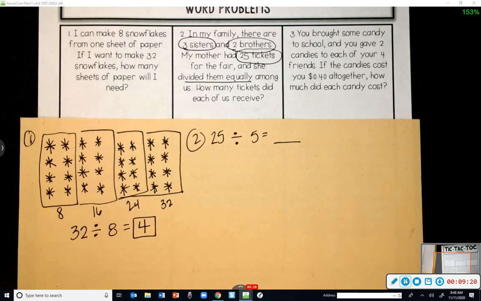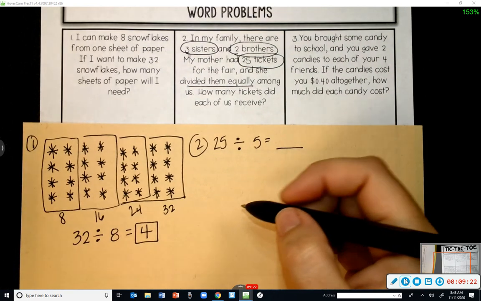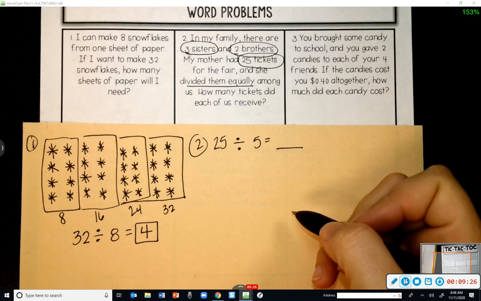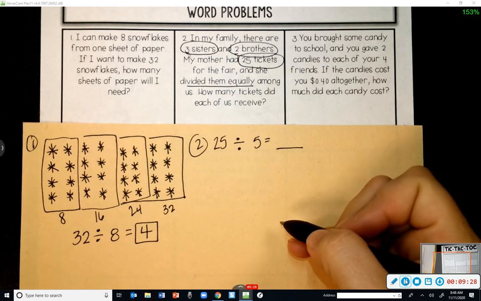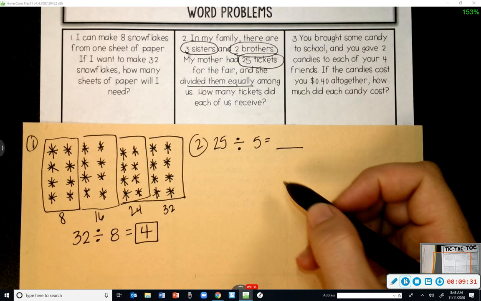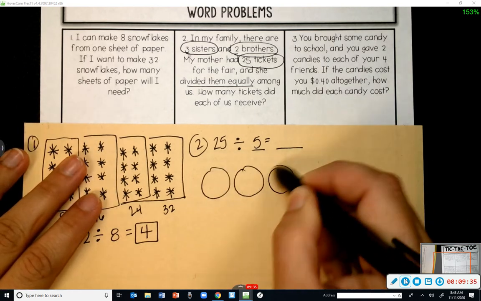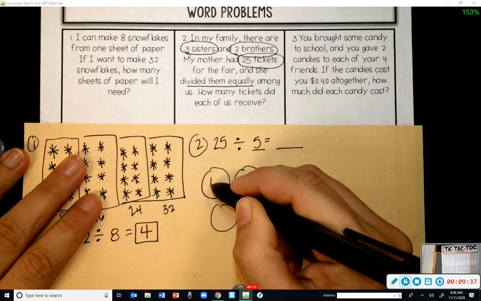You did an array? Okay. So let's do equal groups. Since most of y'all did an array, I'm going to show you equal groups, and then we can do an array. So equal groups, I'm going to divide by 5, so that means I need 5 groups. And I could skip count.